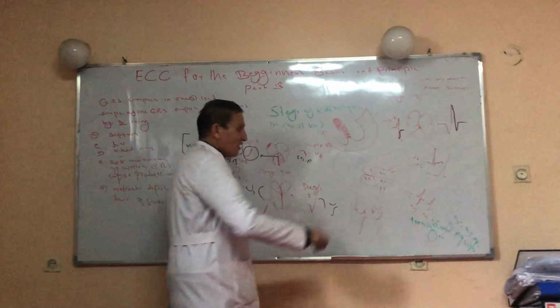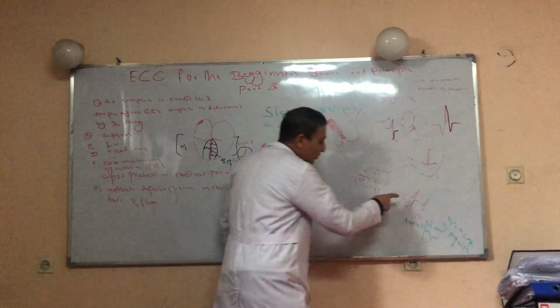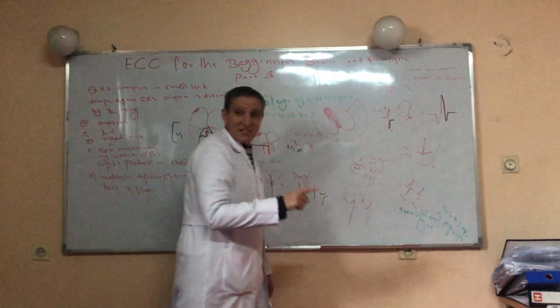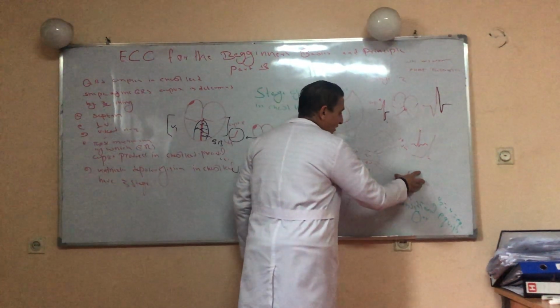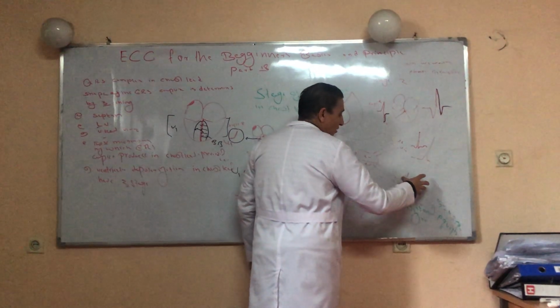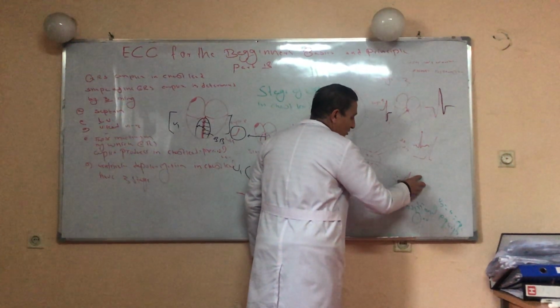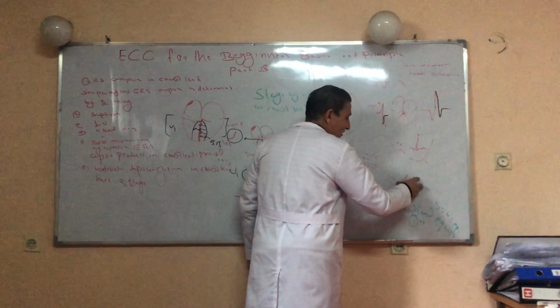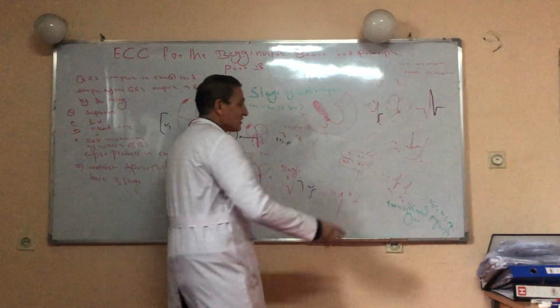In simple words, first the electrical impulse moves toward the electrode and produces a positive deflection, and then goes away and produces a negative deflection. So these QRS complexes are called equipolar QRS complexes, and this point is called the transitional zone or transitional point.